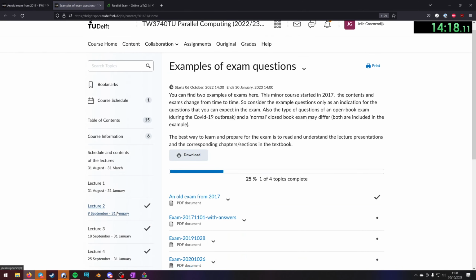So if P% of a program can be executed in parallel, the max speedup is, and now I need to do some math in my head, so the time is P times A plus 1 minus P times B. That's the parallel time, and the normal time would just be A plus B.